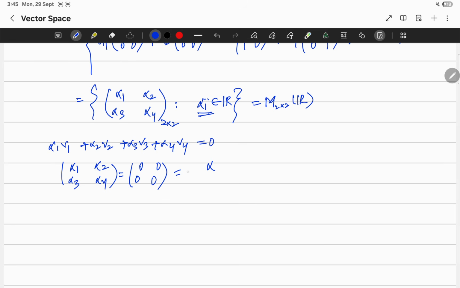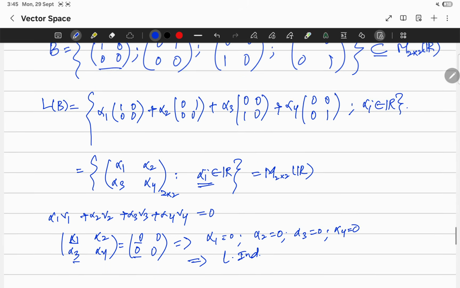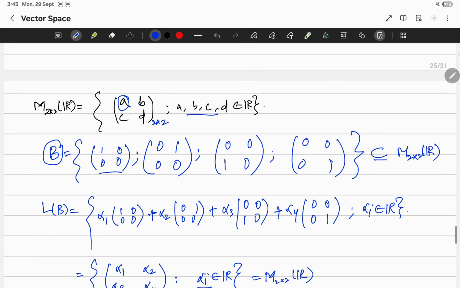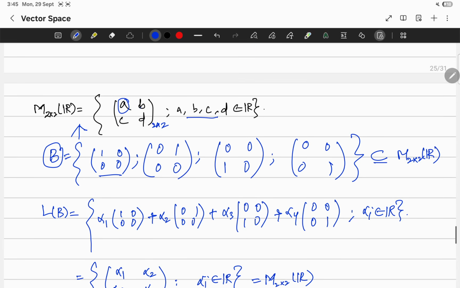So alpha 1 is 0, alpha 2 is 0, alpha 3 is 0, and alpha 4 is 0, the corresponding elements here. So all the scalars are 0. It means that it is linearly independent. So this set B is the basis for this vector space.